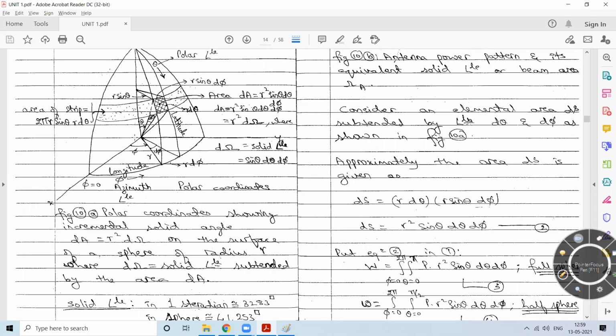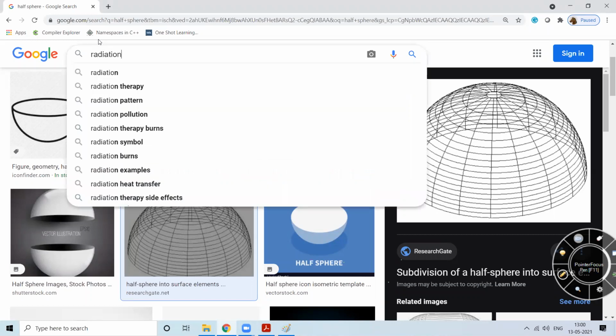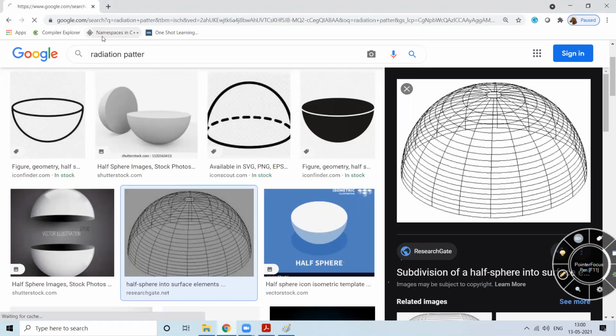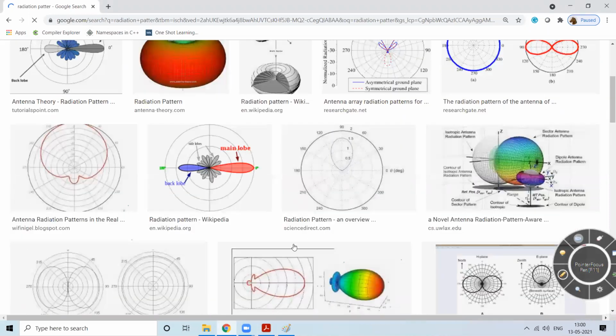So in this case, why does that become important now, or why do we have to consider the solid angle? In the previous discussion, we had seen the radiation pattern. It was something in this form.